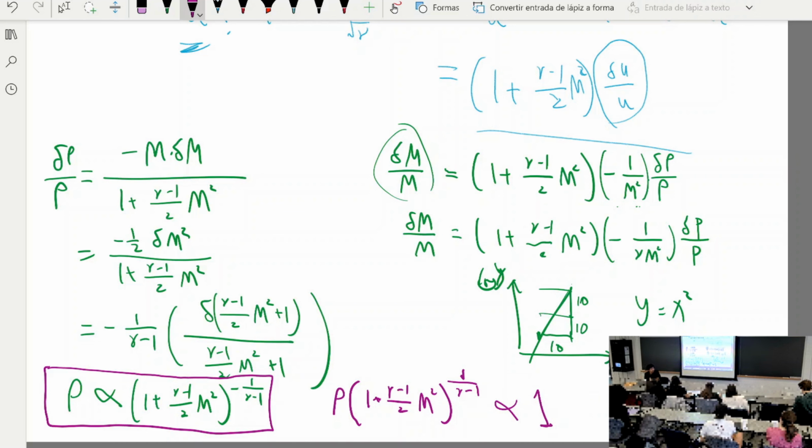Proportional to a constant means this number wouldn't change upon isentropic expansion or compression. That's called the total density or stagnation density. It is defined as this quantity, something that doesn't change along the streamline when the process is isentropic.